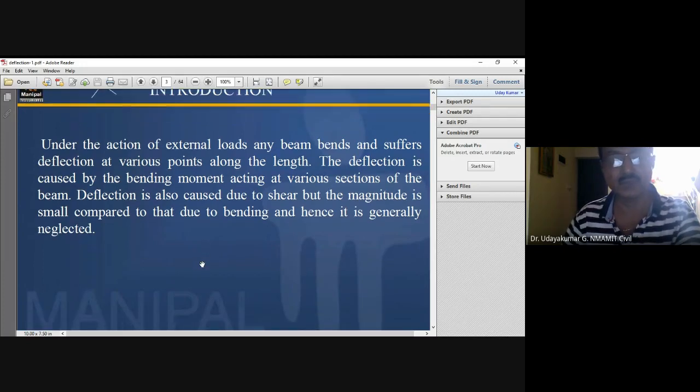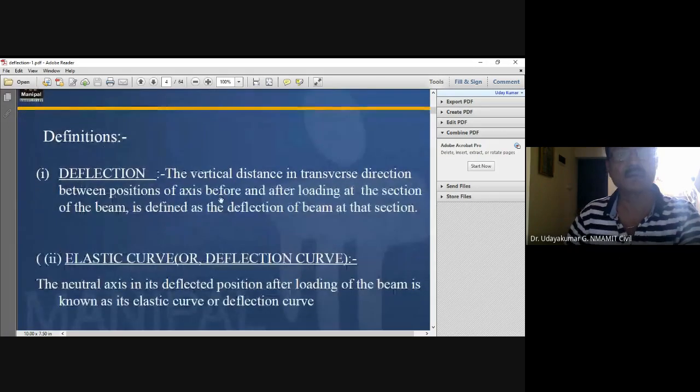Deflection, in the sense, is the vertical distance in the transverse direction between the positions of the axis before and after loading at the section of the beam. That is how the axis of the beam has moved down or upward.